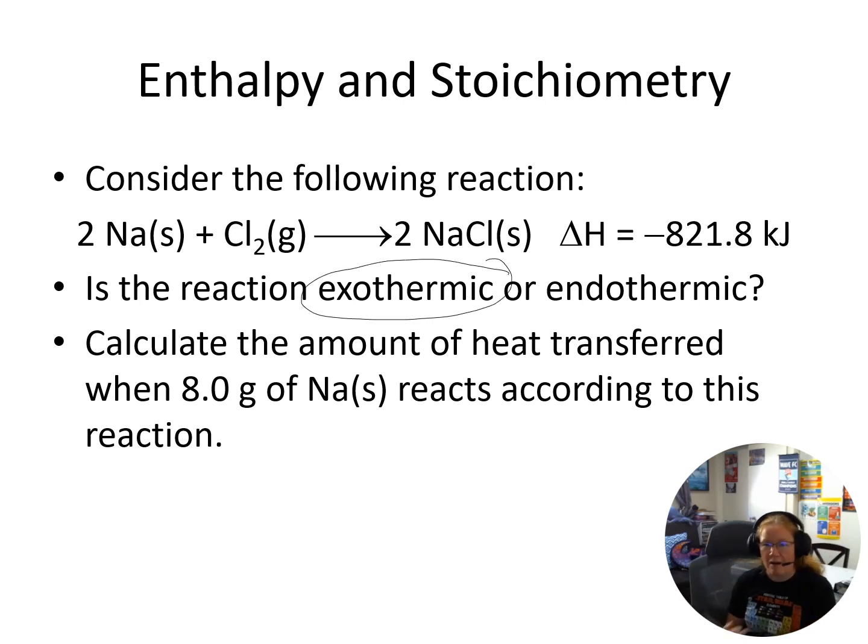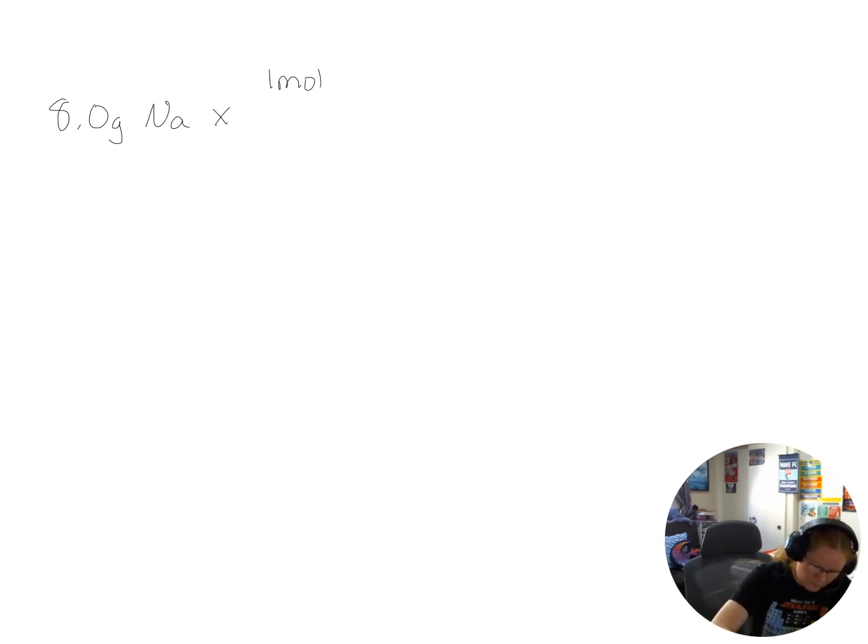And now I want to know how much heat was transferred when 8 grams of sodium reacted. Okay? So now we just do stoichiometry, and we just plug delta H in like we do anything else with stoichiometry. So I have 8 grams of sodium, 1 mole for every 22.99 grams.